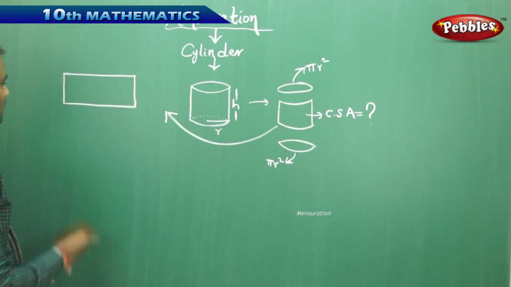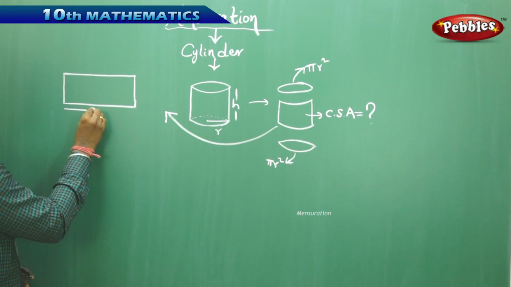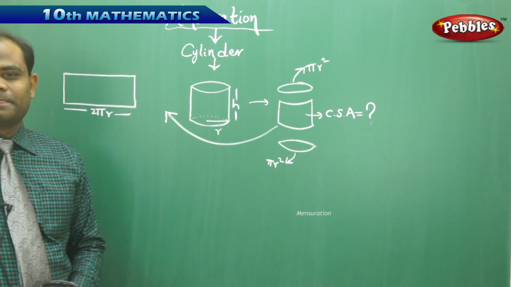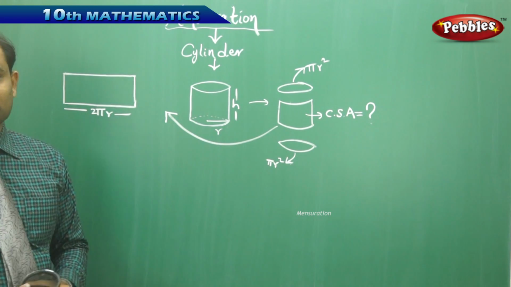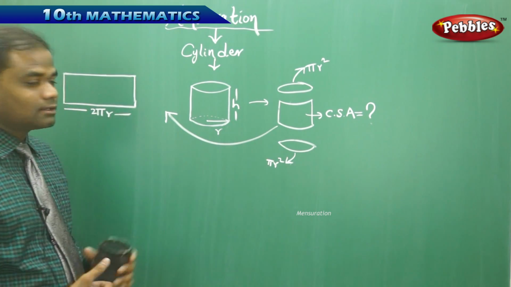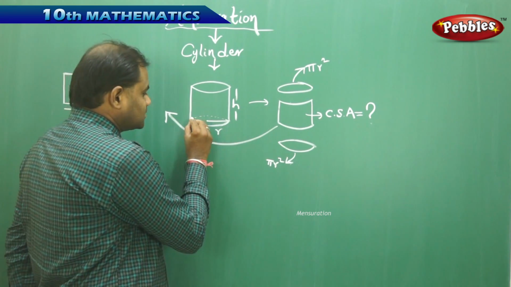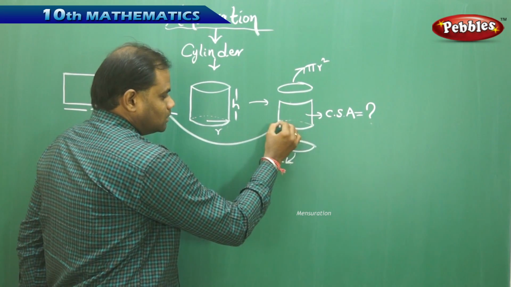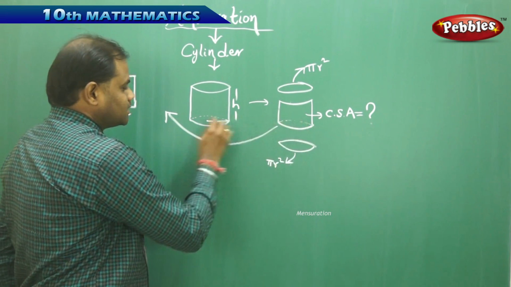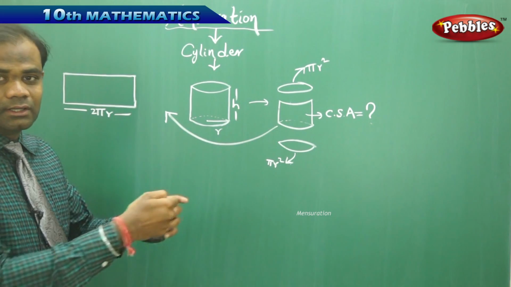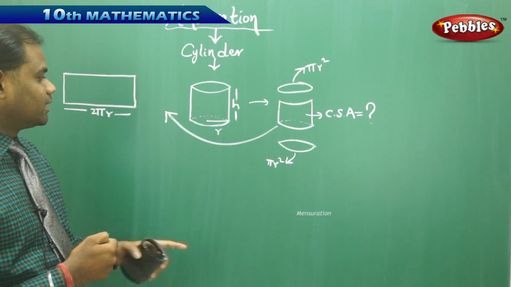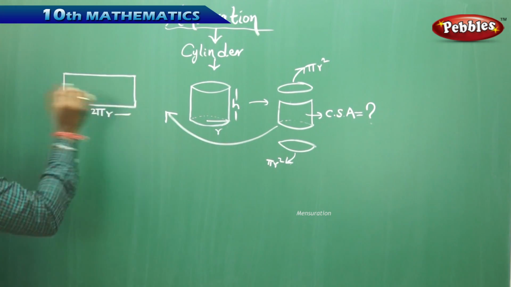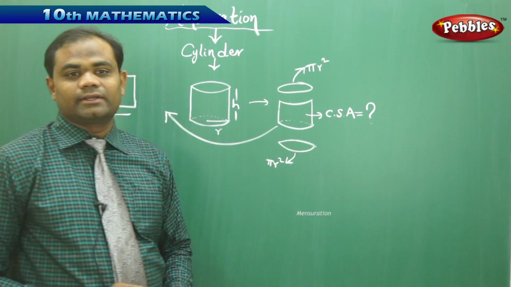Now coming to this, I clearly see that this is nothing but 2 pi r. Why is this 2 pi r? Because this acts as the circumference of the circle. As I see that this strip goes totally around in this form, when I pull this, the circumference of the circle becomes the length of the rectangle.